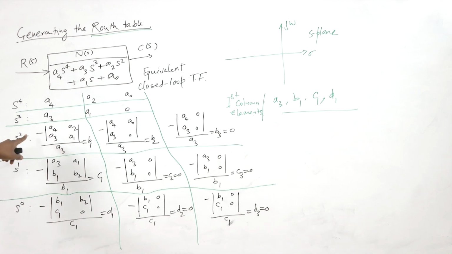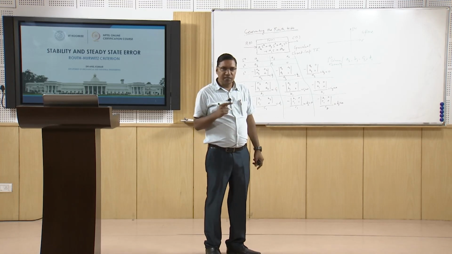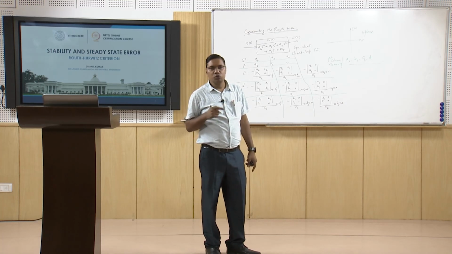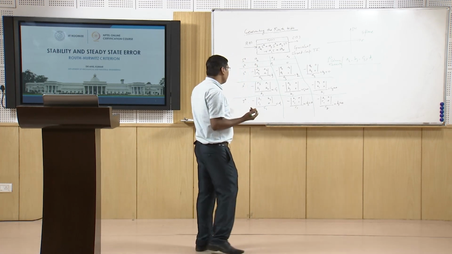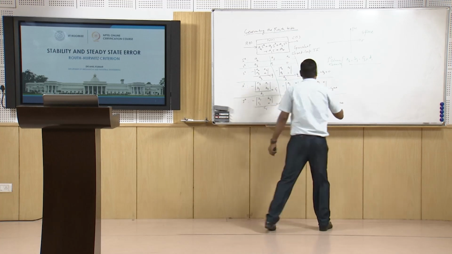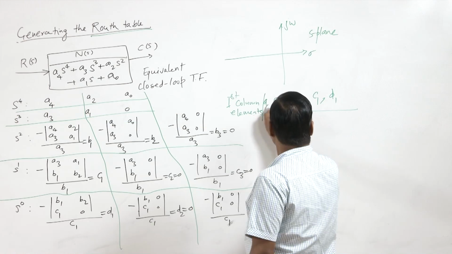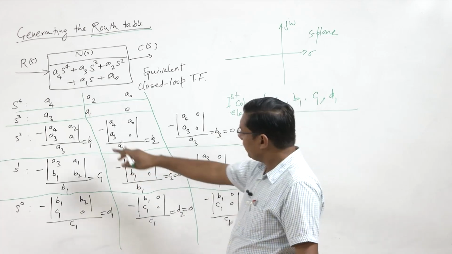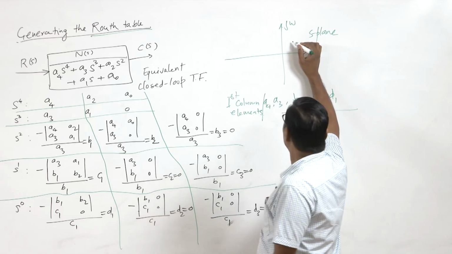We have to notice whether these elements are changing their sign or not. If there is one sign change, it means one pole is in the right half plane. If there are two sign changes, then two poles are in the right half plane.